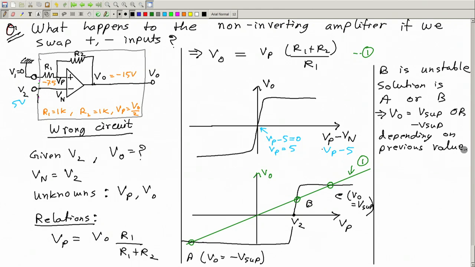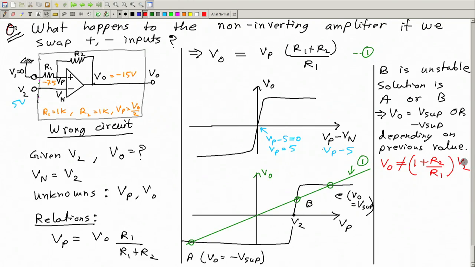And what else can we say? This will definitely not work as an amplifier. Originally it was a non-inverting amplifier, and the relationship VO equal to 1 plus R2 by R1 multiplied by V2 is not true, because the output is going to be constant at the saturation levels.